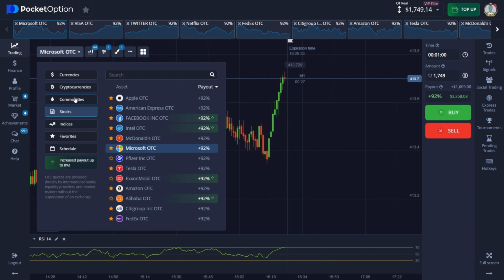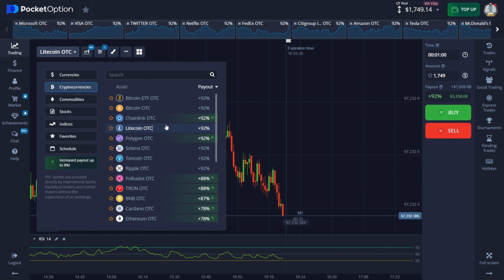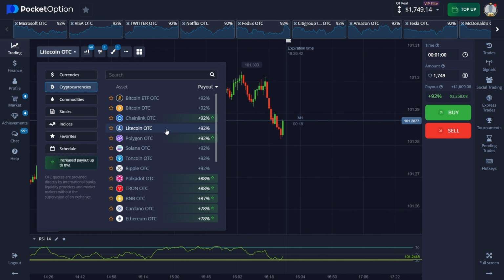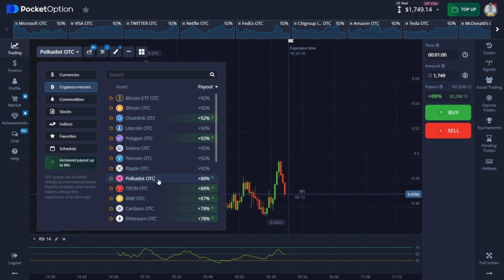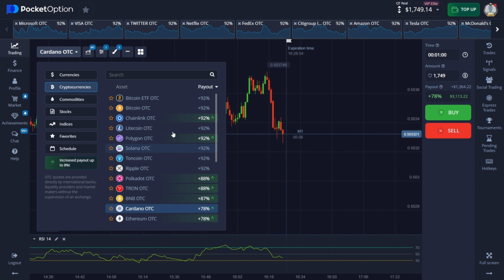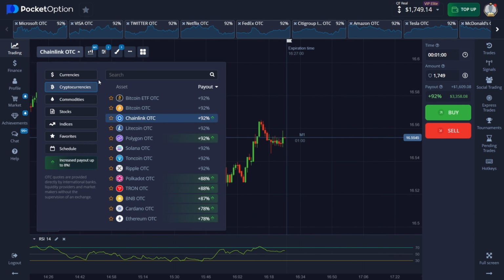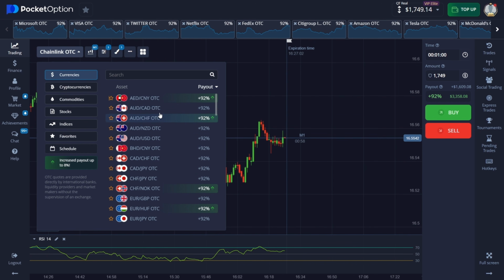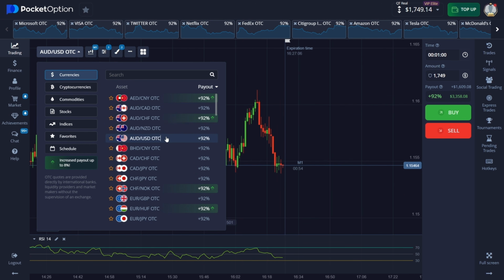Let's look for a trade in cryptocurrencies again. Okay, there are no trades available in cryptocurrencies, so let's find a trade for $1,749.